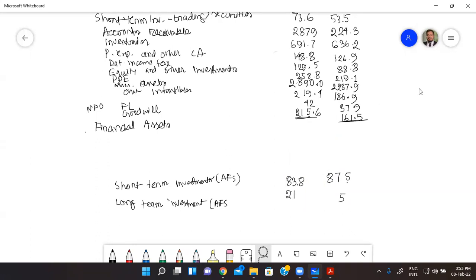Now what I'm doing, these are financial assets. Let me write here. And okay, financial obligations. For 2017, it is 7458.3. Could you check?